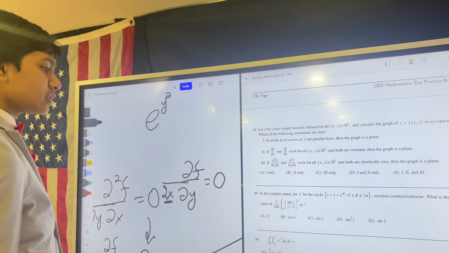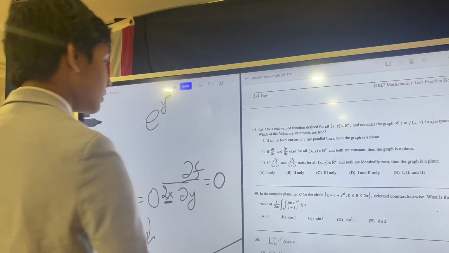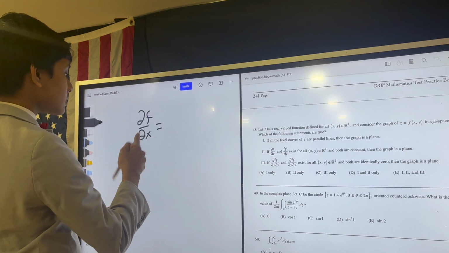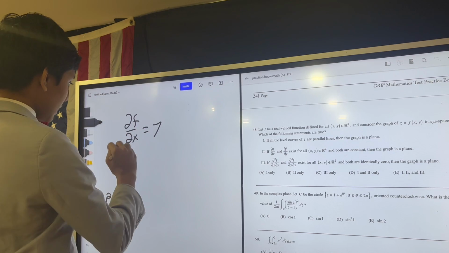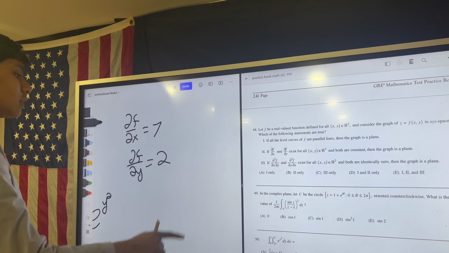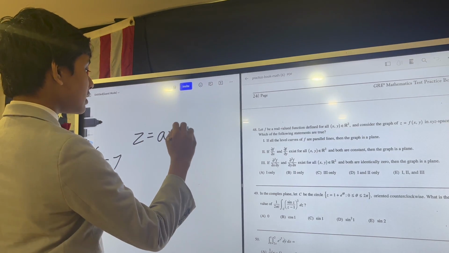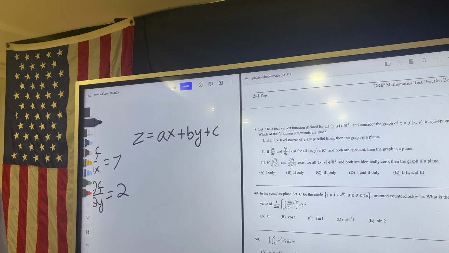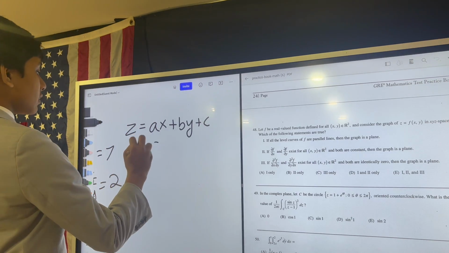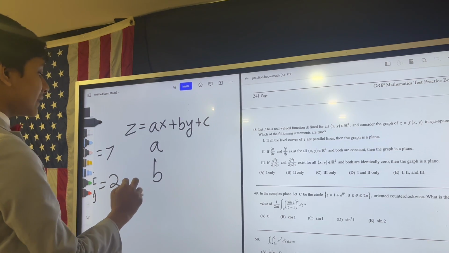If partial f partial x and partial f partial y are both constant, then the graph is a plane. Well, if partial f partial x is constant, like 7, and partial f partial y is constant, like 2, the graph of a plane is always ax plus by plus c, where a, b, and c are constants. So the partial derivative with respect to x is a, and with respect to y is b.